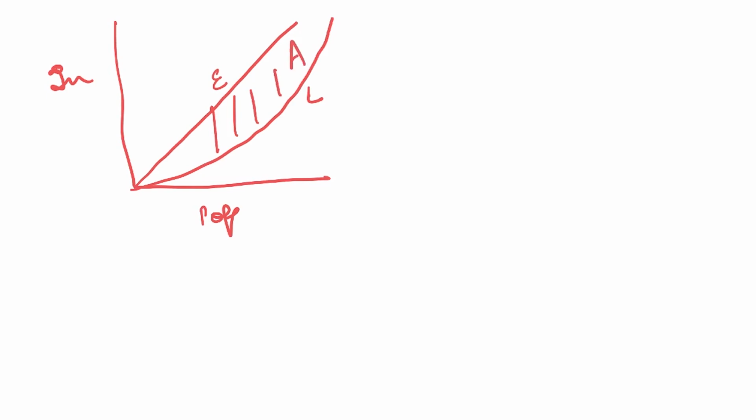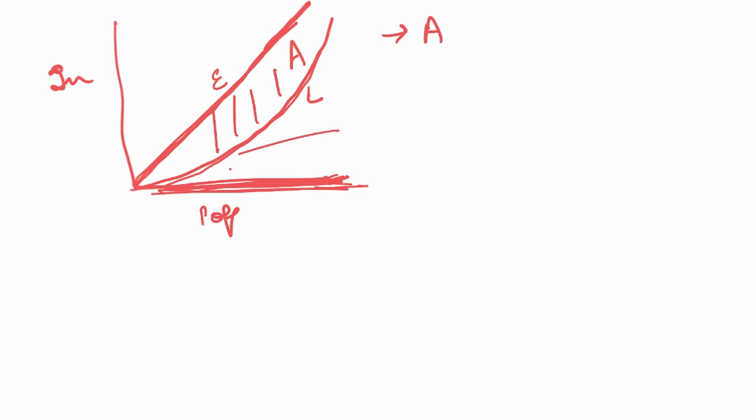The area between the Lorenz curve and the line of perfect inequality is represented by B.